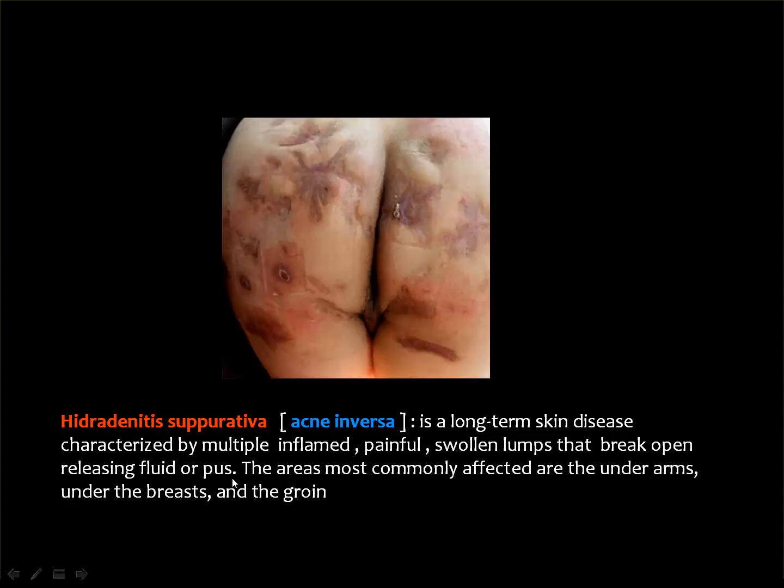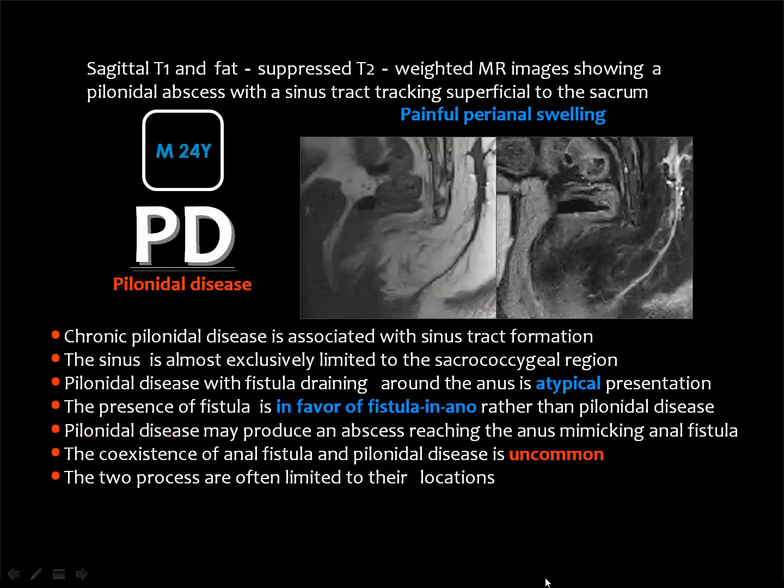The most commonly affected areas are under the arms, under the breasts, and in the groin. And this is a gross appearance. And here you see a pilonidal sinus, which is of low signal in the T1 and high signal in the T2, and goes in the subcutaneous area.